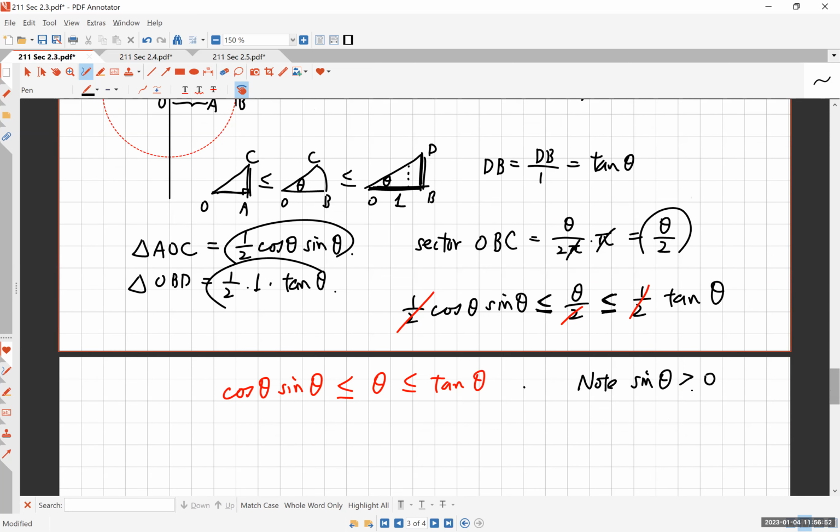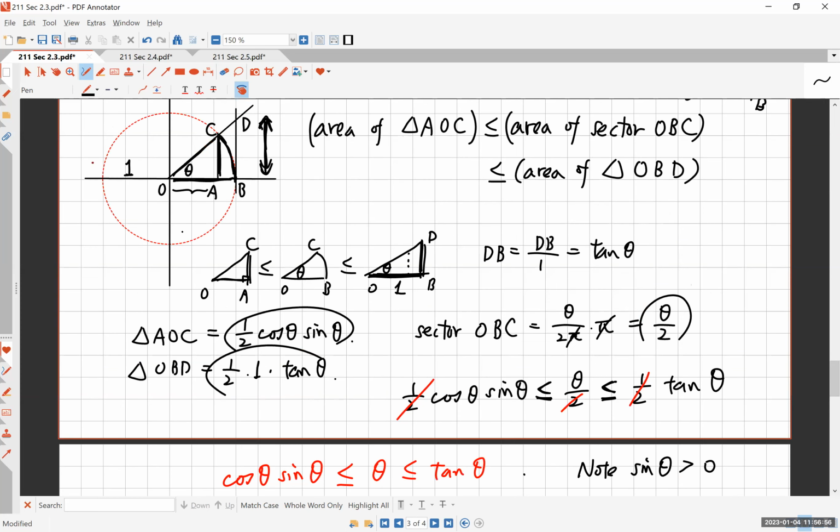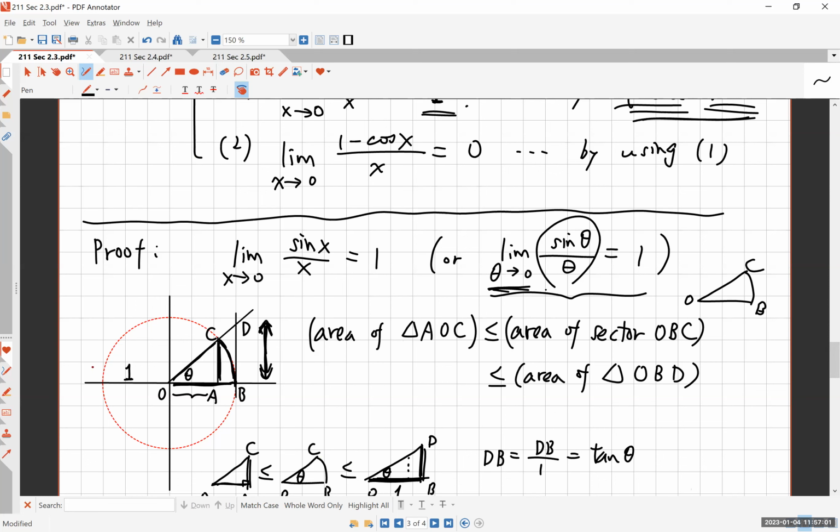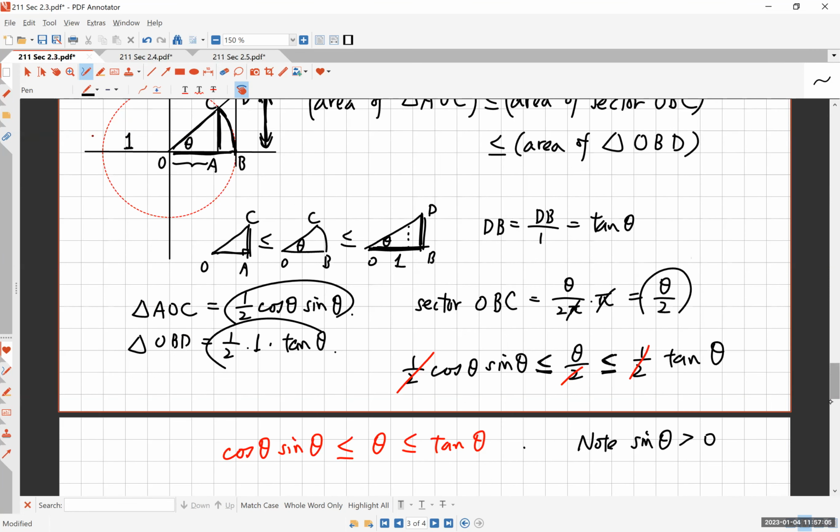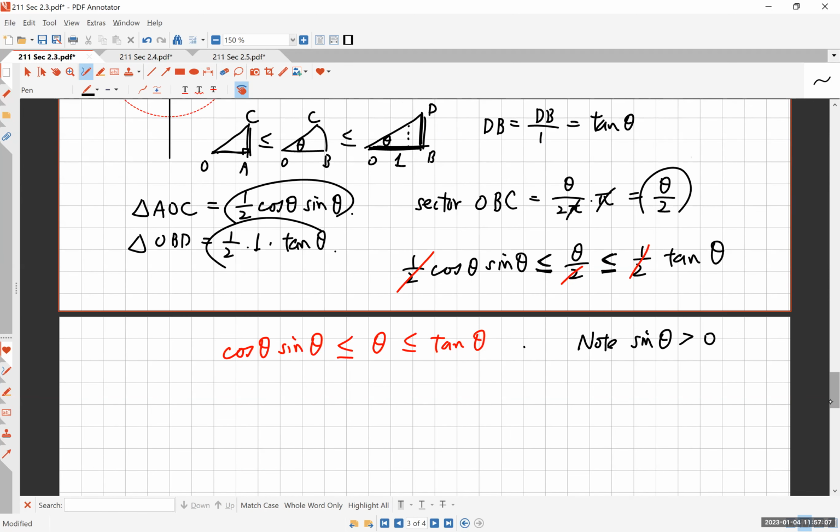And by the way, we don't allow theta to be exactly 0, because we are trying to find the limit as theta approaches 0, so it's not 0. So sine of theta is not 0, and so you can divide everything by sine of theta.